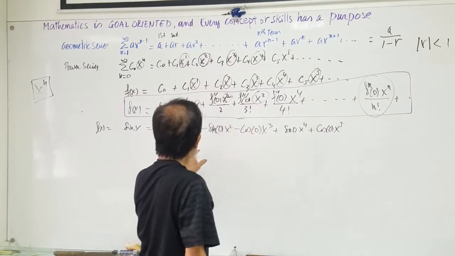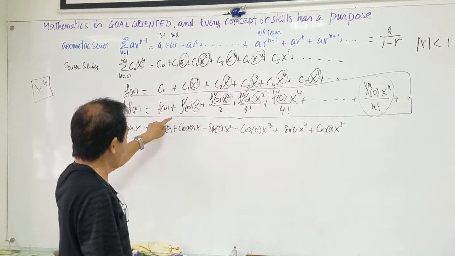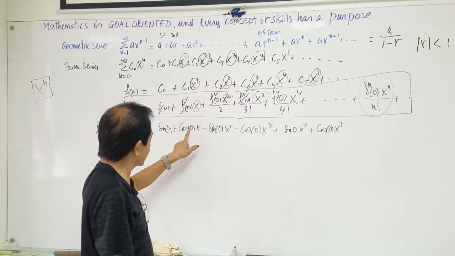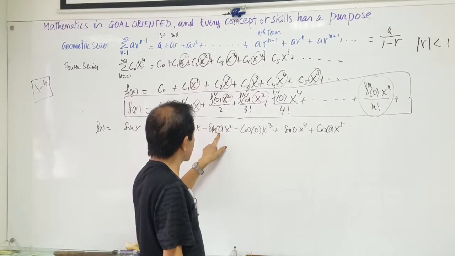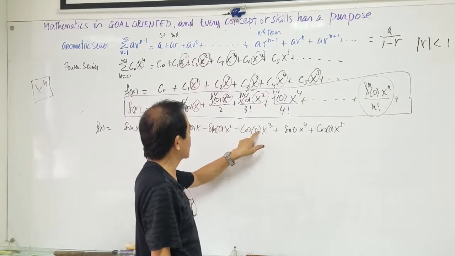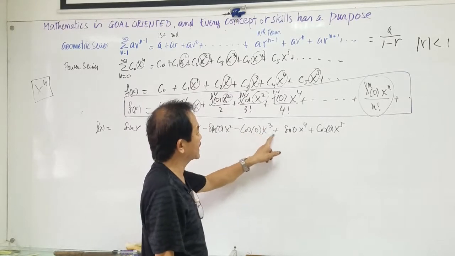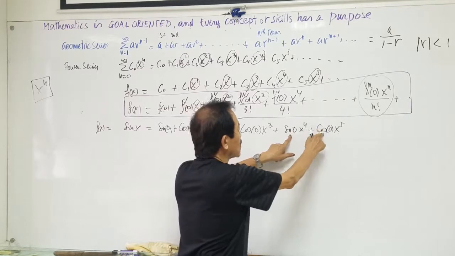So, f of 0 is sine of 0, f prime is cosine of 0, the second derivative is minus sine of 0, then the derivative of minus sine equals minus cosine of 0 times x cubed, and the derivative of cosine again equals minus sine, and then the derivative of sine equals cosine again.